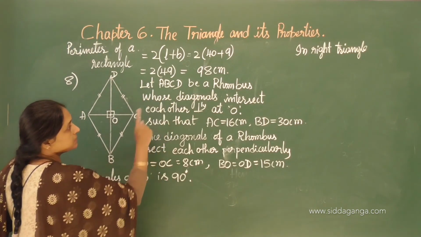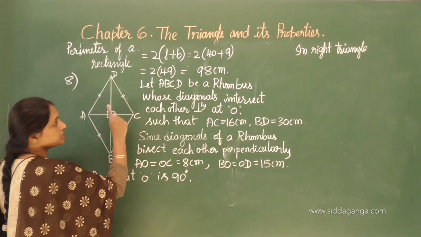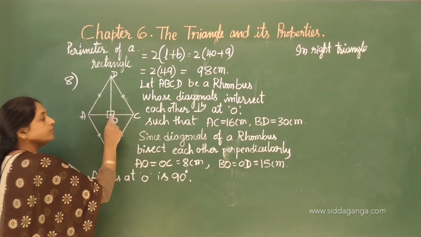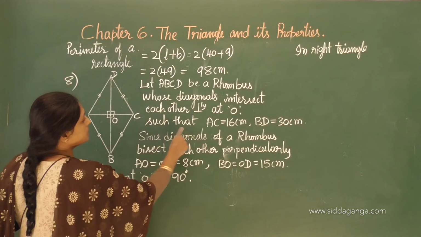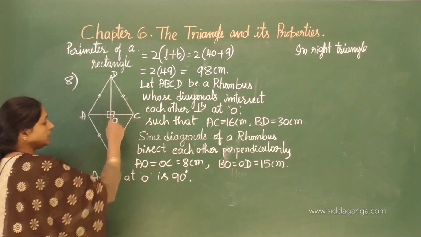Here ABCD is a rhombus whose diagonals intersect each other perpendicularly at O. So they always meet perpendicularly. Such that AC is equal to 16 centimeter and BD is given.